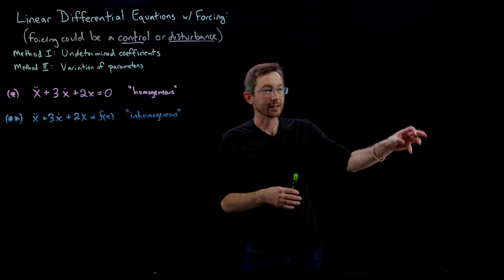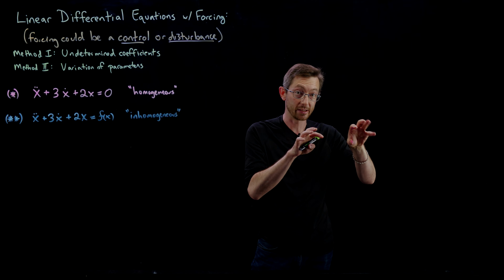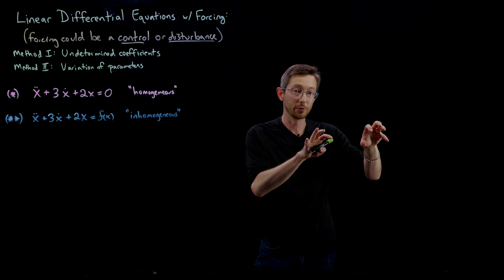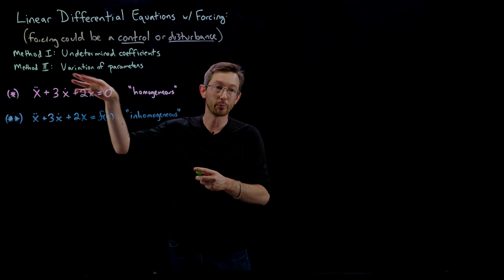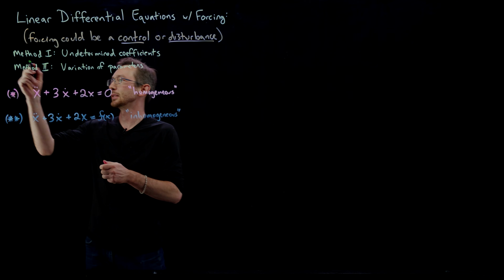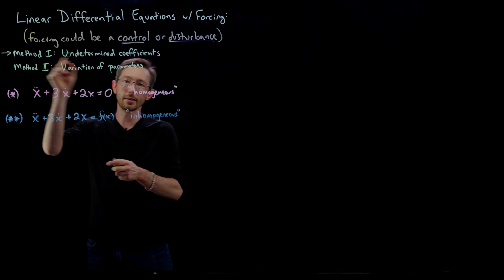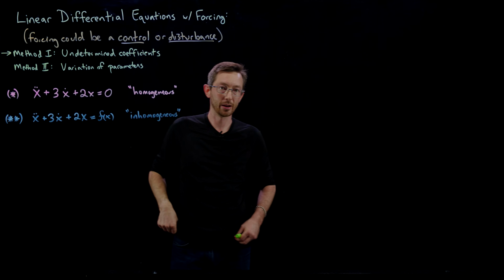We're going to get ODEs whose solutions are those coefficients out front of the solutions, those constant 1 and constant 2. Those are actually going to be transfer functions, and we're going to use the method of variation of parameters potentially to solve for those. But today I'm going to talk about method 1, the undetermined coefficients, and in the next lecture I'll move on to the variation of parameters.